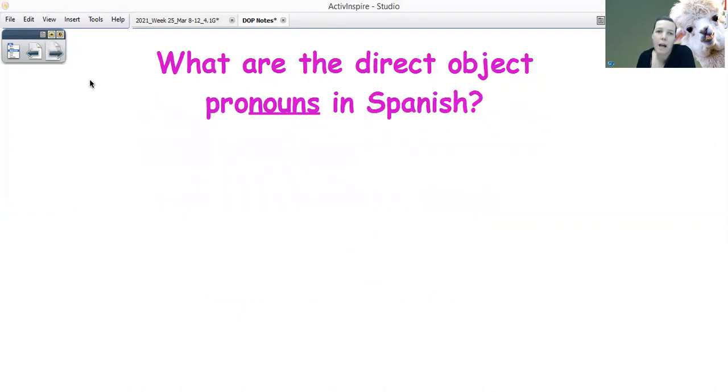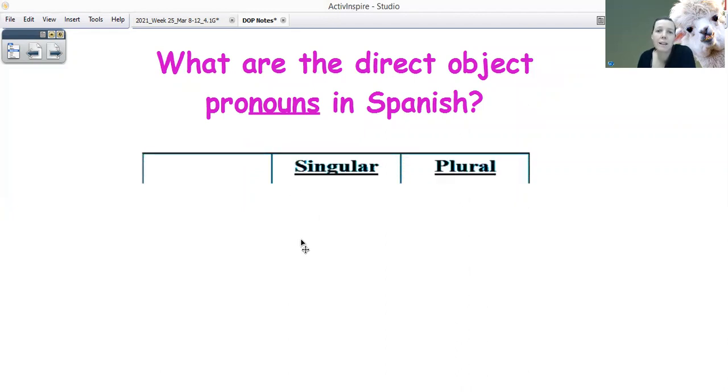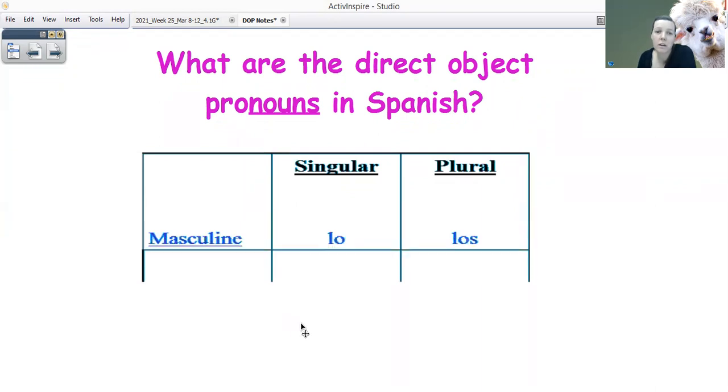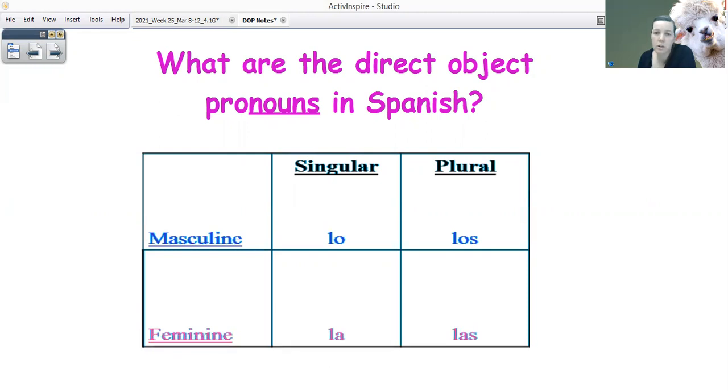What are the direct object pronouns in Spanish? Remember, we're replacing the nouns. I like to first look at objects, so if we talk about things, not people, but things, nouns.